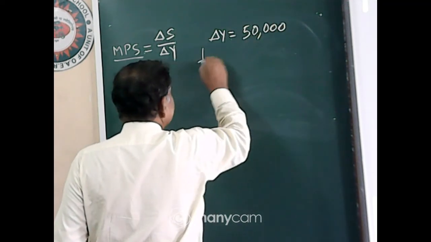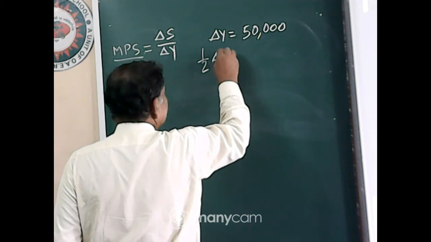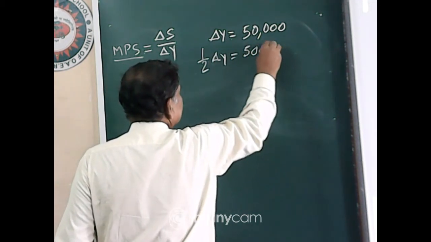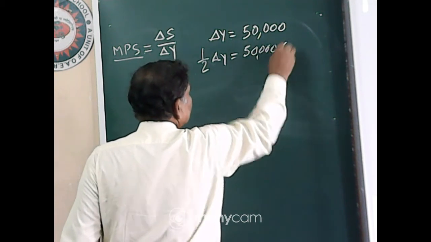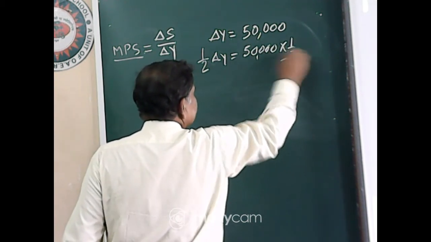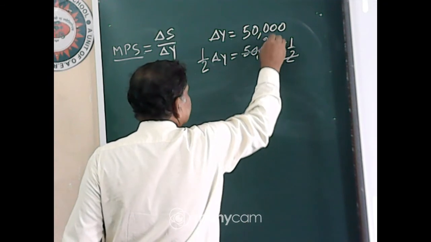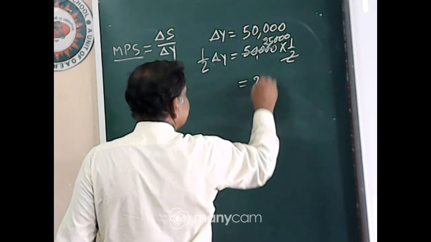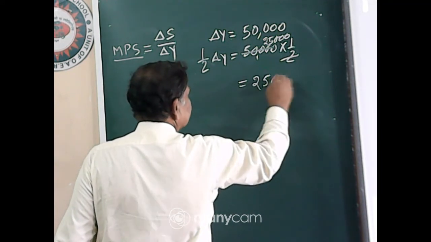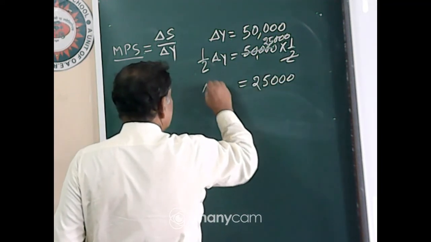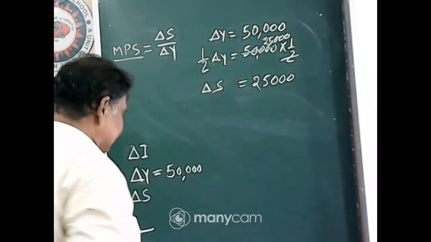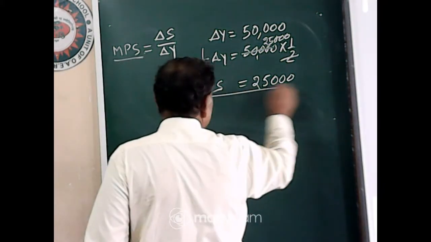So half of delta Y is equal to 50,000 into 1 by 2, that is 25,000. This is the value of delta S, 25,000.